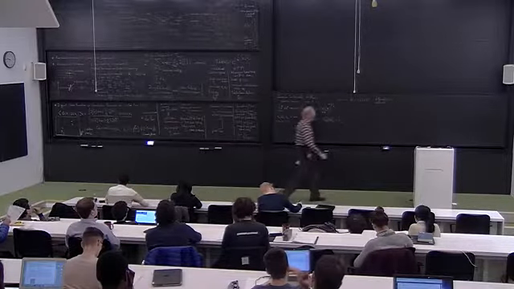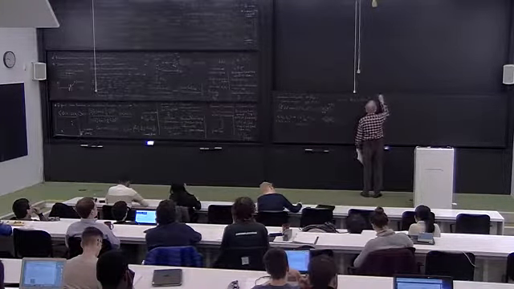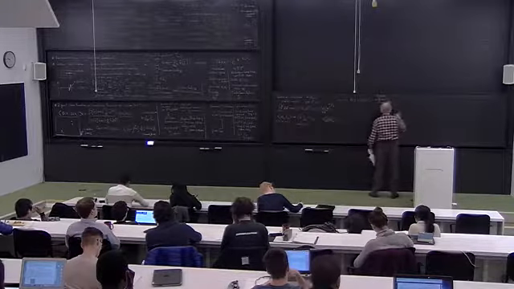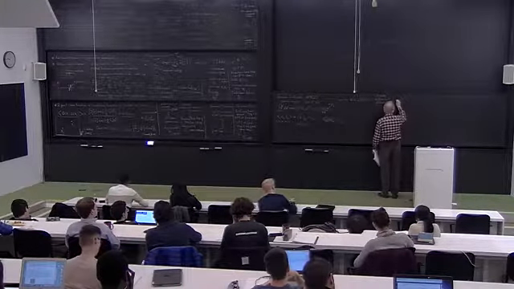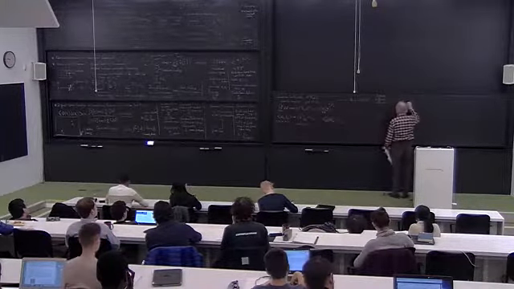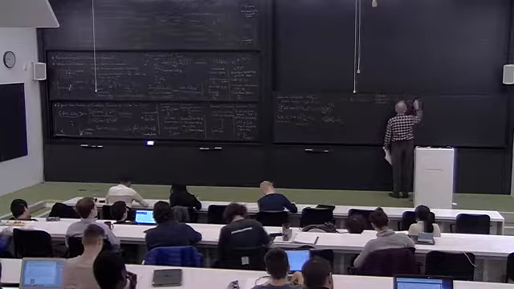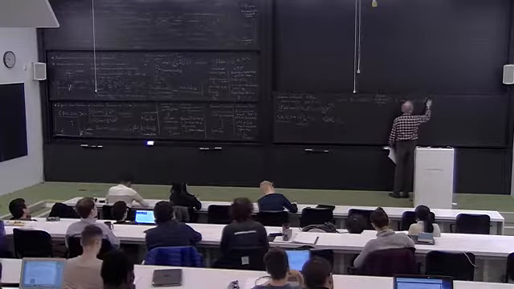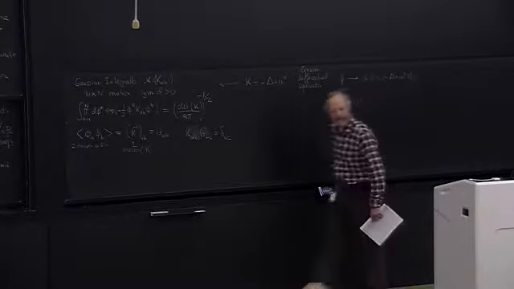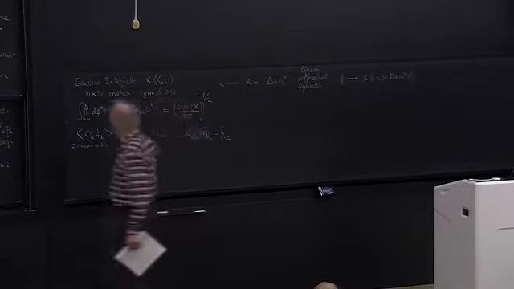It's a linear differential operator because it maps a function phi into a function K times phi, which is minus the Laplacian plus m squared of phi. It acts on the function in space.